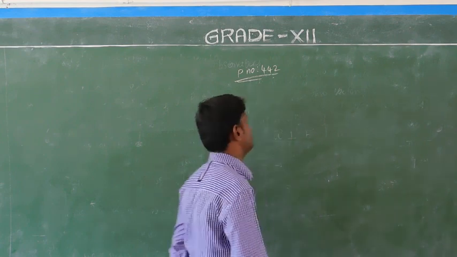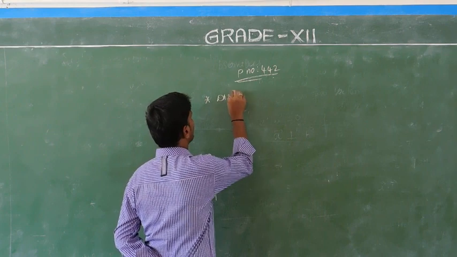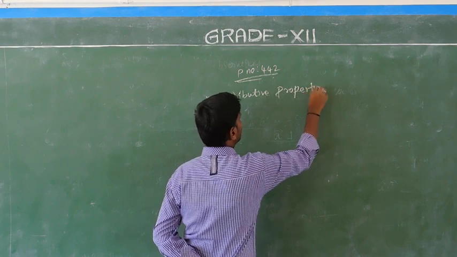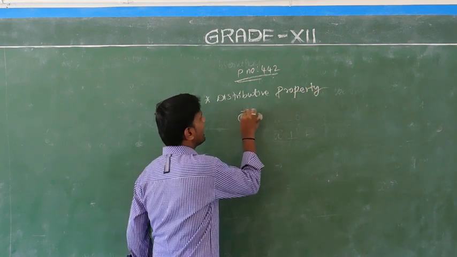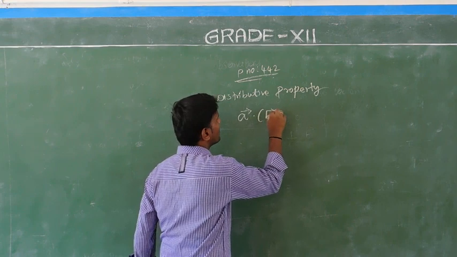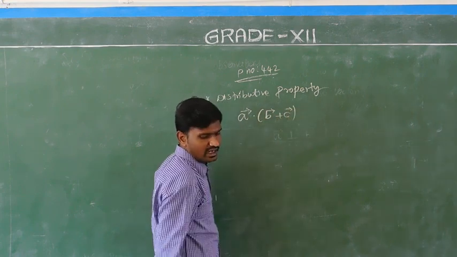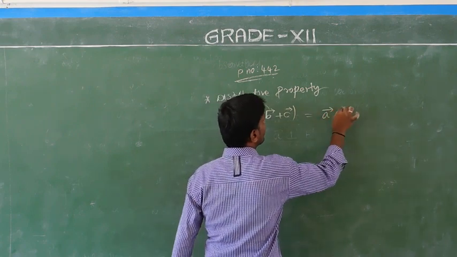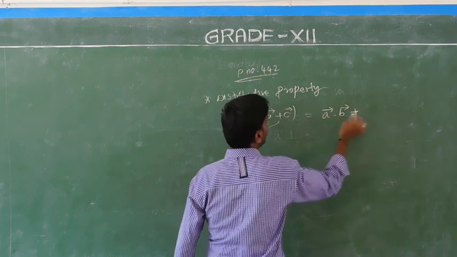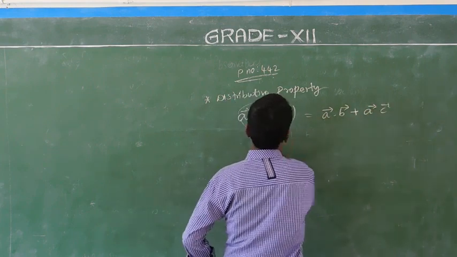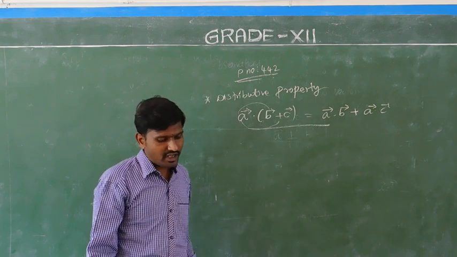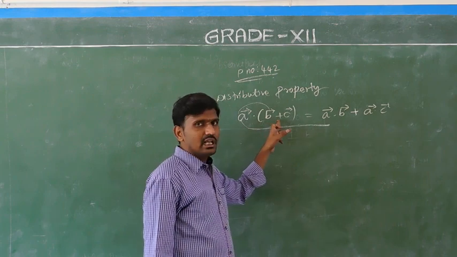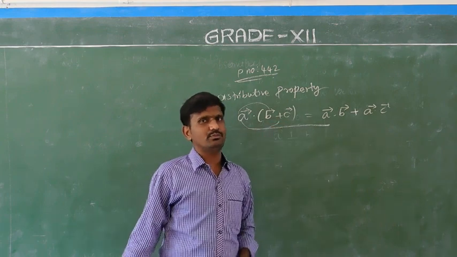A vector dot, B vector plus C vector, which is over addition, equals take the dot product of the first two, that is A vector dot B vector, plus A vector dot C vector. So this is your distributive property over addition. Maybe a creative question will ask for you, where instead of plus, minus will also come.